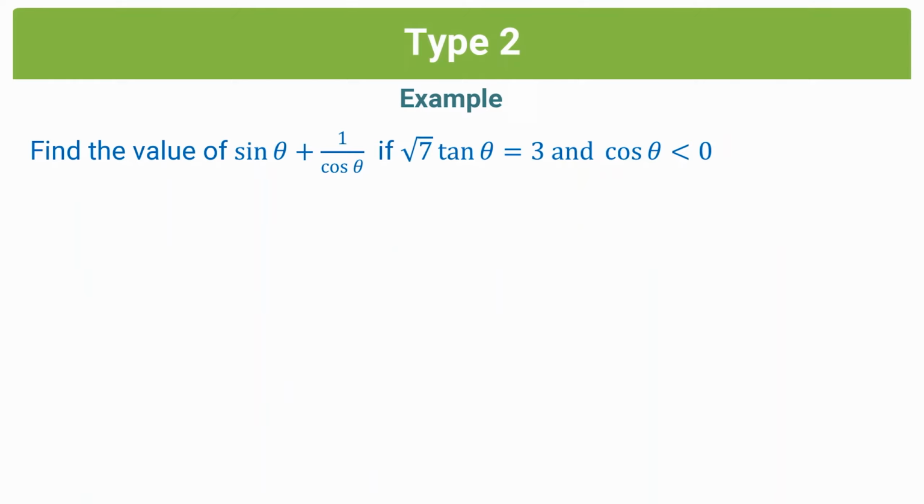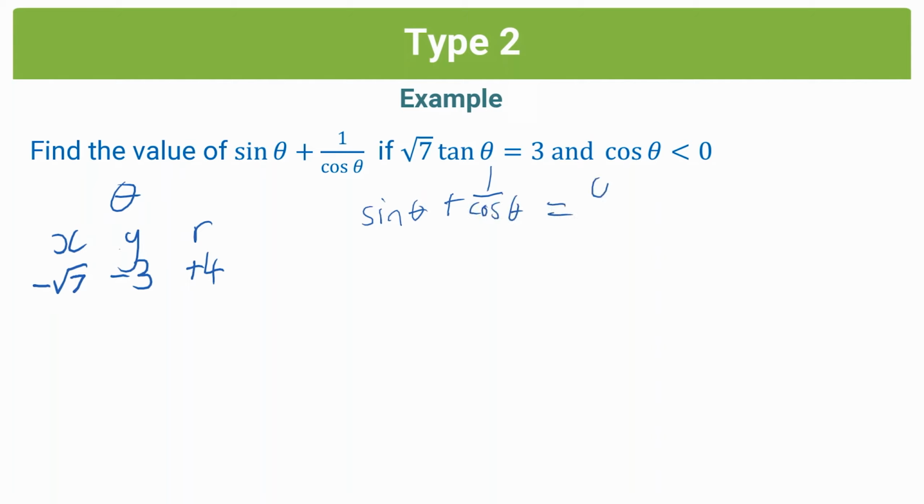So for theta, x in this case is going to be negative root 7, y is going to be negative 3, and r we've calculated to be positive 4. So we can go ahead and substitute these into the ratios. Let's just write it out first: sine theta plus 1 over cos theta.